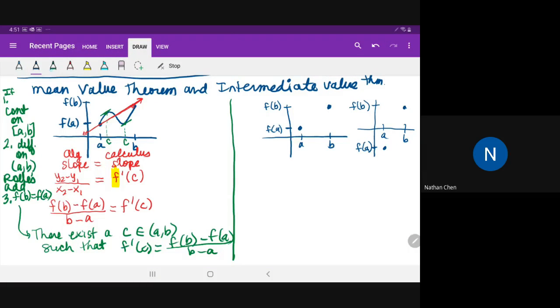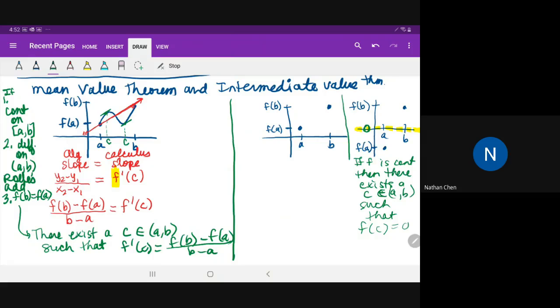And intermediate value theorem says, and I'm going to do the one on the right, and I'll draw it in highlighter, it says this line here, which is 0, if f is continuous, then there exists a c in between a and b such that f of c equals that 0.